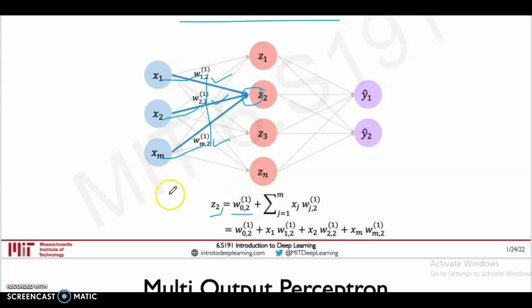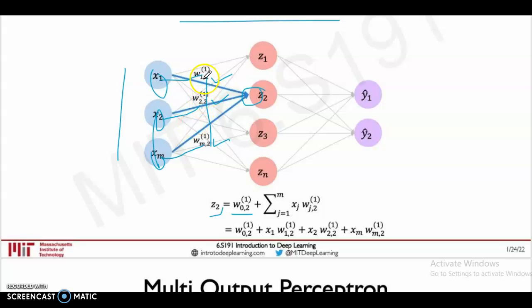Plus the summation of j equal to 1 to m of wj,2 into xj. Here xj will vary: first one will come, then 2, then m.